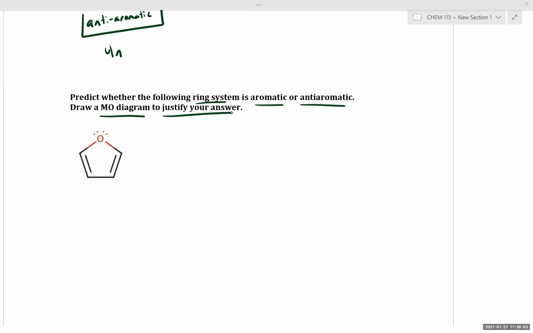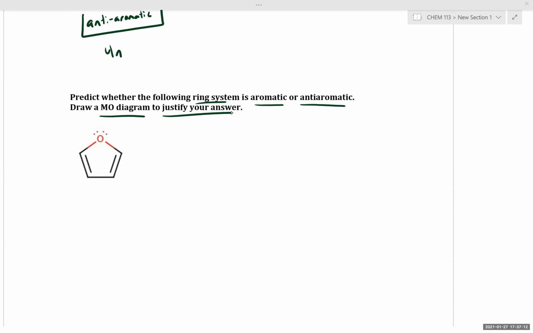So first, tell me, is this aromatic or anti-aromatic? And then justify your answer with a molecular orbital diagram. Let's work on this example for about 3 minutes, and don't be shy to share your responses in the chat or verbally.